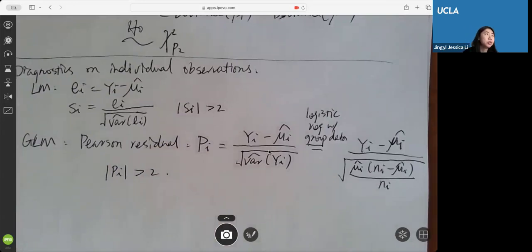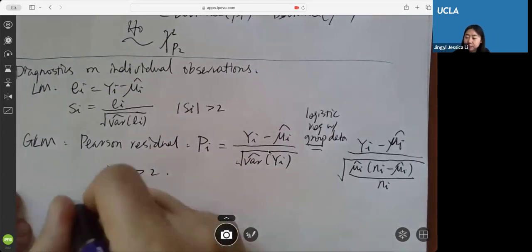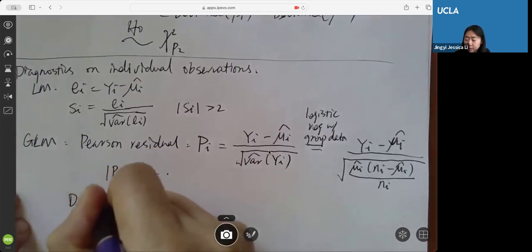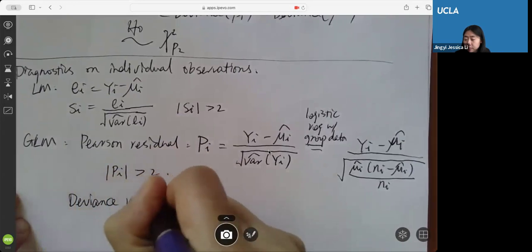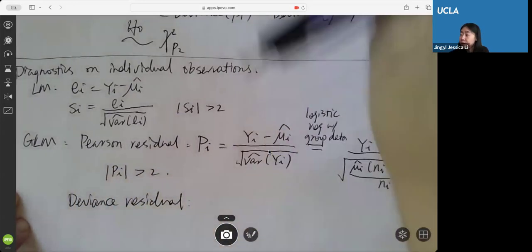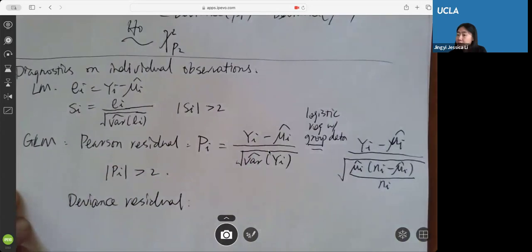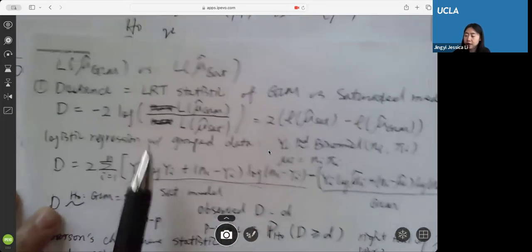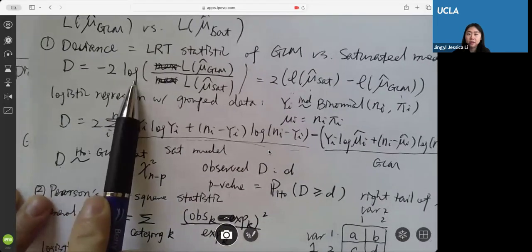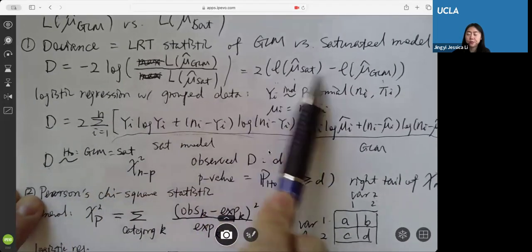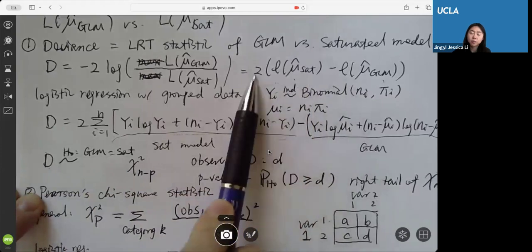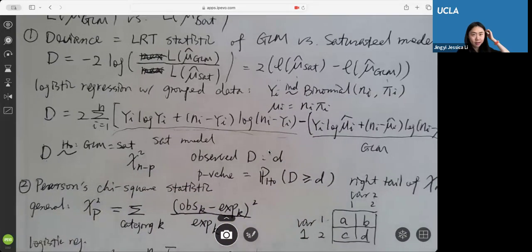The second type of residual is based on deviance. So recall that deviance is the thing we wrote: 2 times the difference of 2 log likelihoods. In the log likelihood we can have a sum over observations.